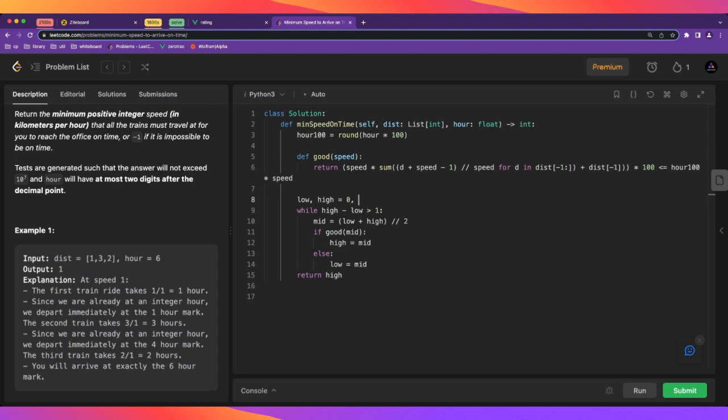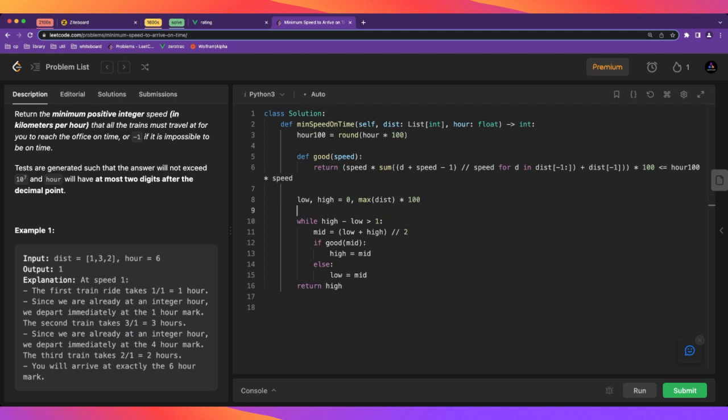And then, like I said, if we get the maximum of the distances, but then we multiply it by 100, that means that even if the maximum distance is the last one, since the speed is 100 times the last distance, then we are going to get 0.01 as the time of the last train, and that has to be less than whatever extra we have in the hours.